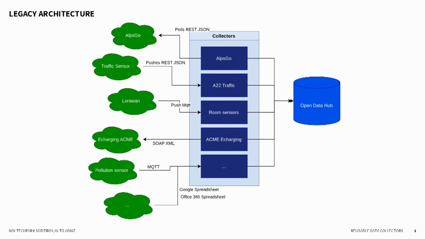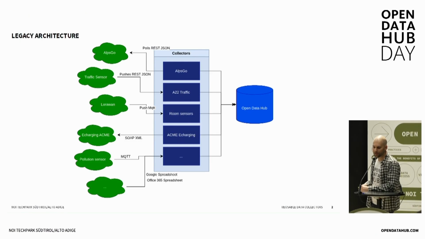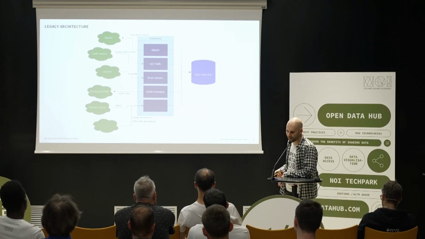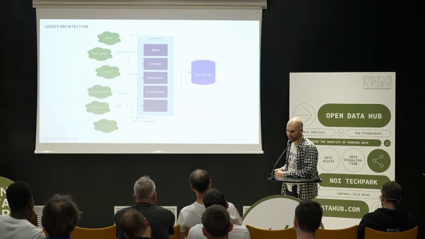And then we have a lot of microservices called data collectors, which are usually just a small container that runs a cron job and every once in a while makes a REST request, or maybe a SOAP call, or it could also be a server that gets some push message. All these data collectors are usually implementation specific.